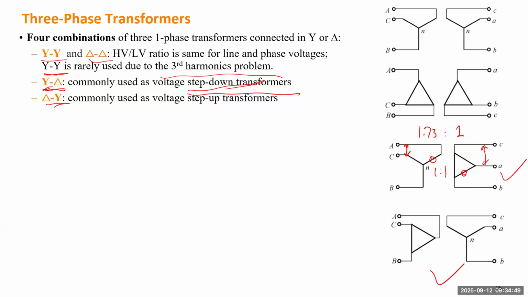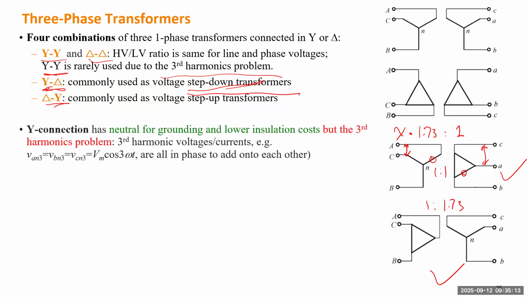So you want to use this one as the step-down transformer, and this one naturally generates 1 to 1.73 as step-up. If you want to make this ratio bigger, you just need to multiply by an additional ratio. That will give you more step-down transformation.